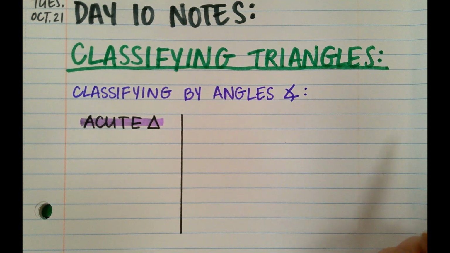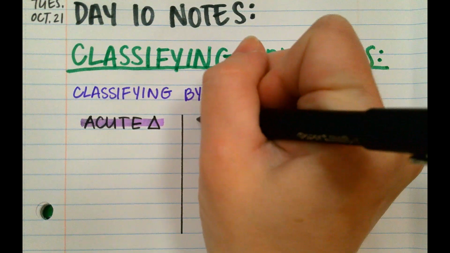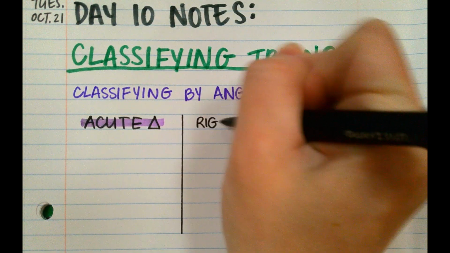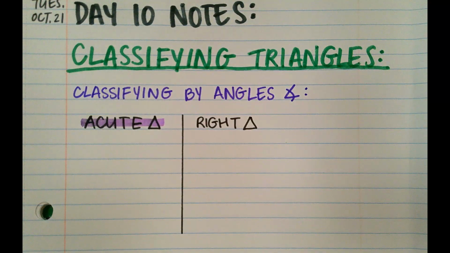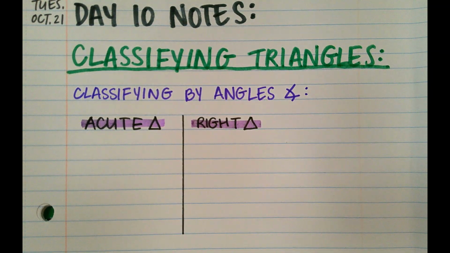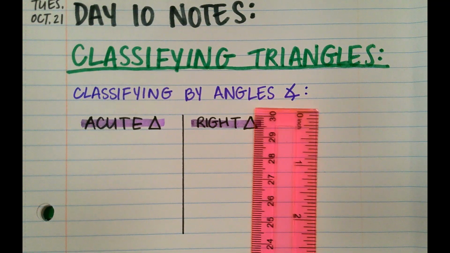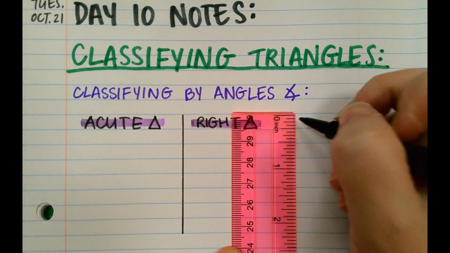And then what kind of angle is 90 degrees exactly? Right angle. So the next type of triangle will be a right triangle. So another little 2-inch divider.